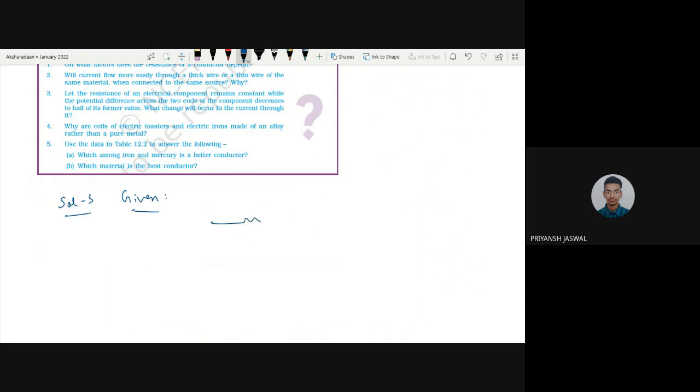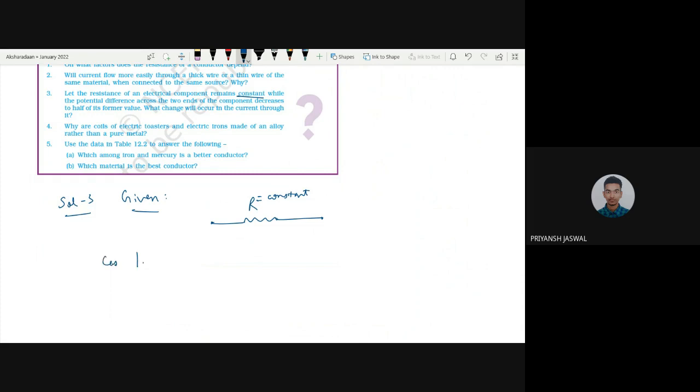So let's draw a circuit. Say this much will be fine. And let's say the resistance is R and it remains constant. It is given to us. R is equal to constant. While the potential difference across the two ends of the component decreases to half of its former value. There are two cases.